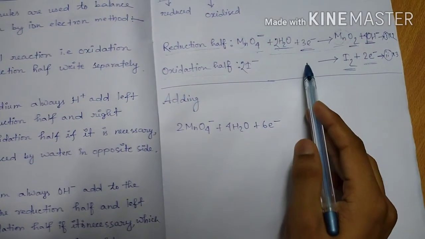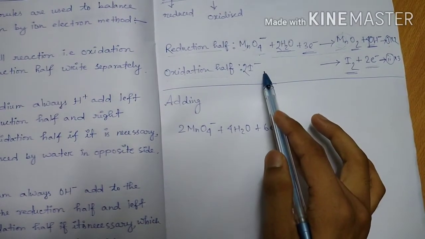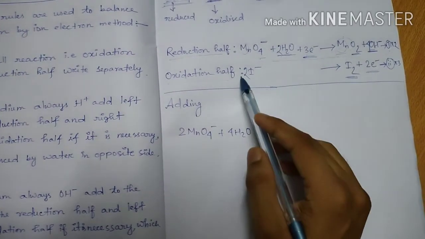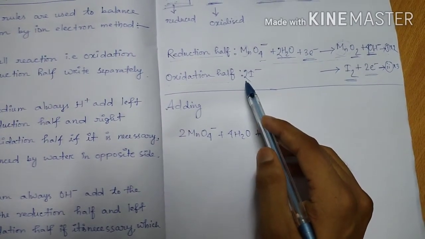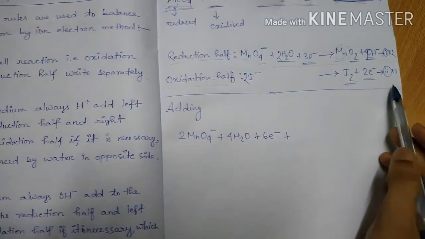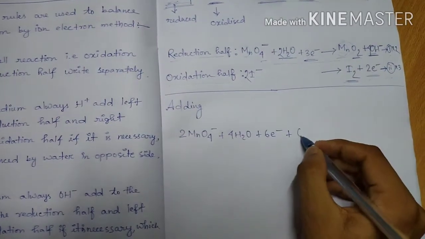And then at the same time we have to add the left side of the oxidation half also. So plus, here 6, this 2 will become 6 because we have multiplied equation 2 by 3. So this will become 6 I negative.